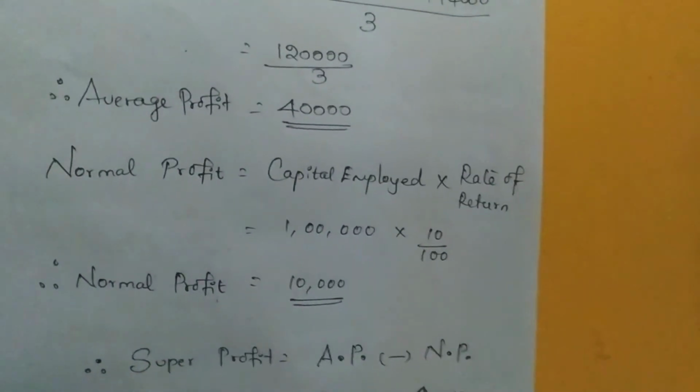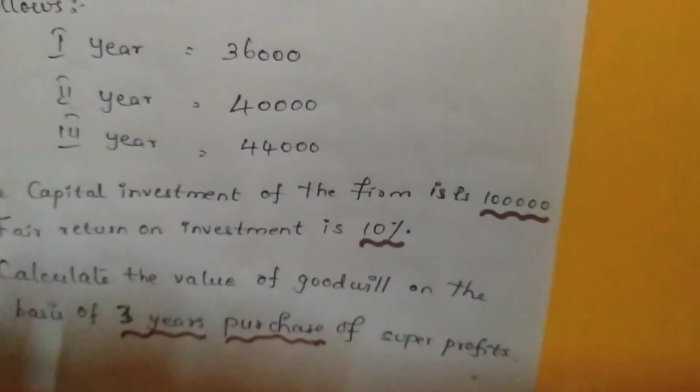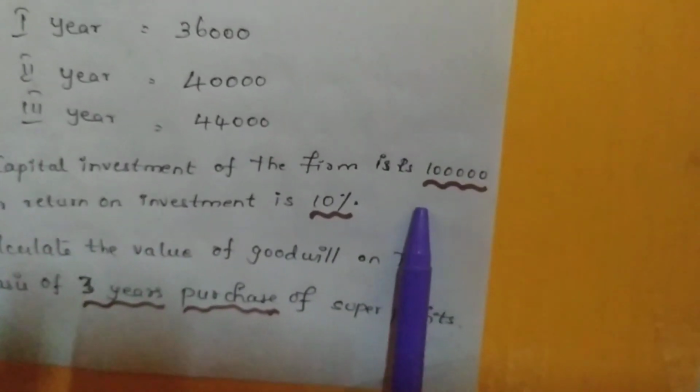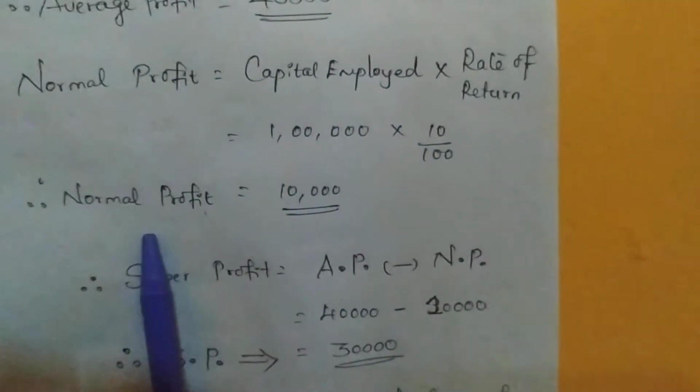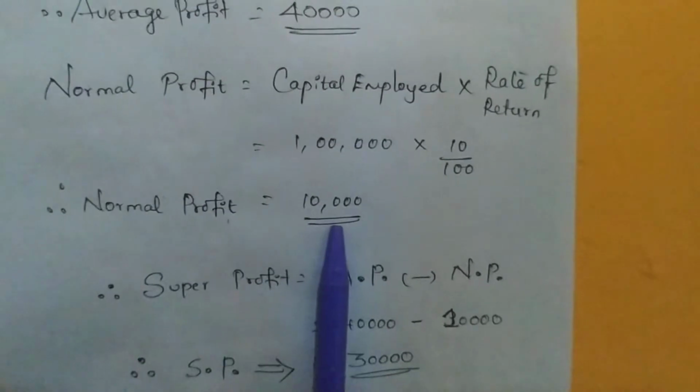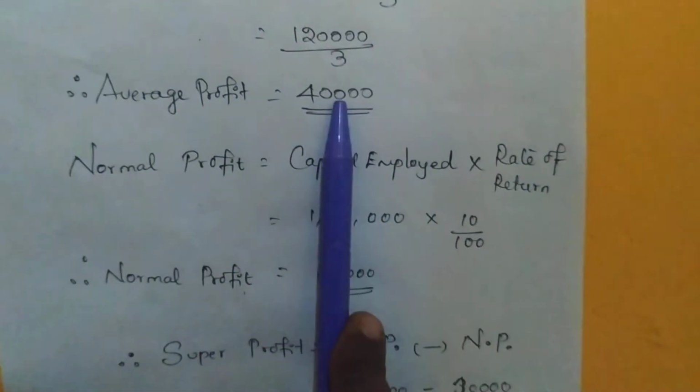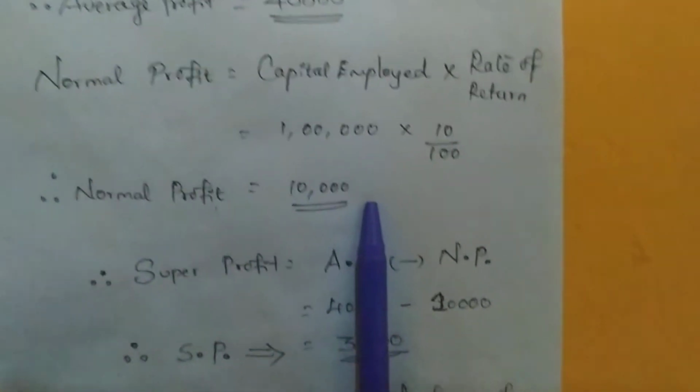Here, what is the capital employed? If we go to the sum, you can easily identify. The capital investment of the firm is 1 lakh and the return on investment is 10%. So capital employed 1 lakh into 10%, normal profit is 10,000. So you have calculated average profit 40,000, normal profit 10,000.